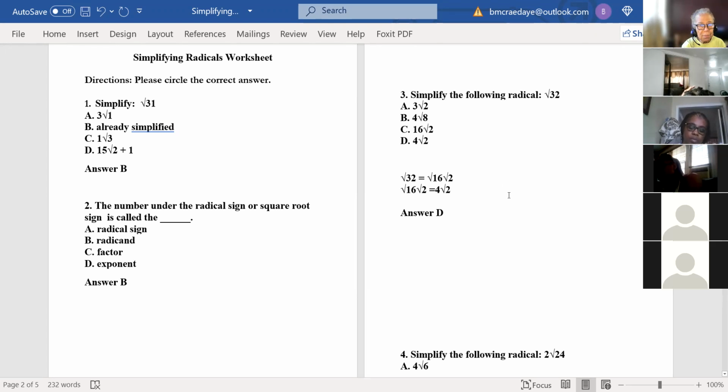So 16 and 2 are factors of 32. The square root of 16 and the square root of 2 are factors of the square root of 32. Then you take the square root of 16, which is 4. The square root of 2 remains in its simplified version because that's a prime number, so we can't factor it into anything other than 2 and 1.